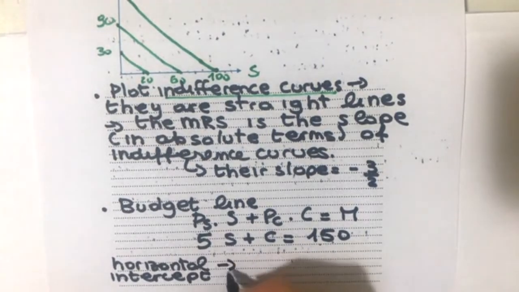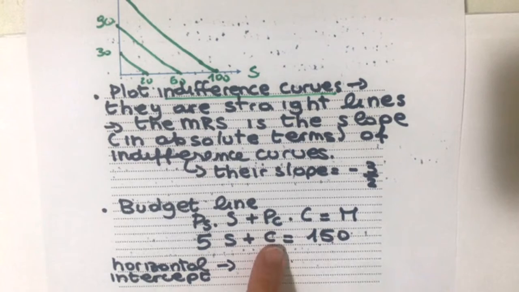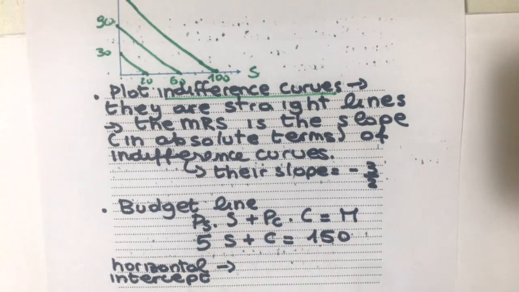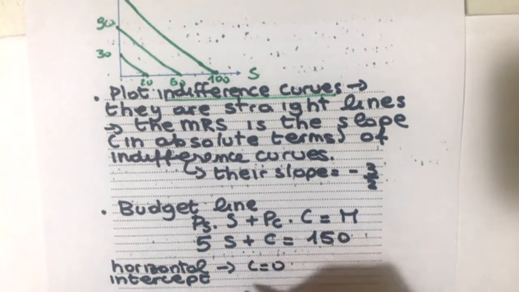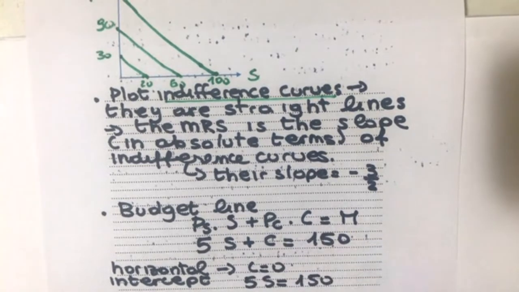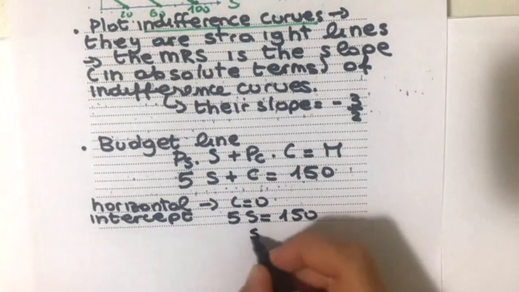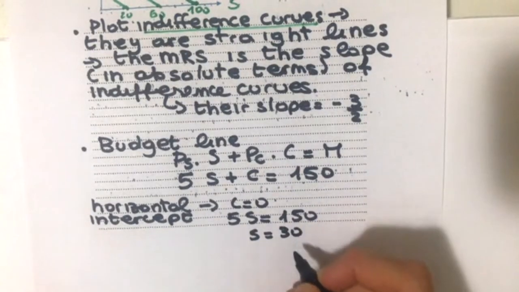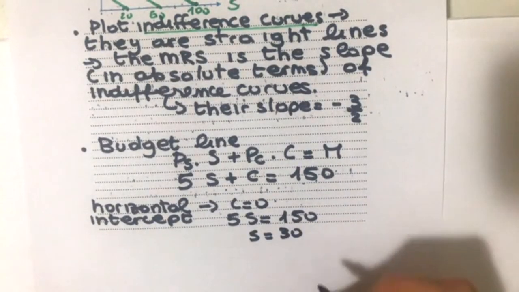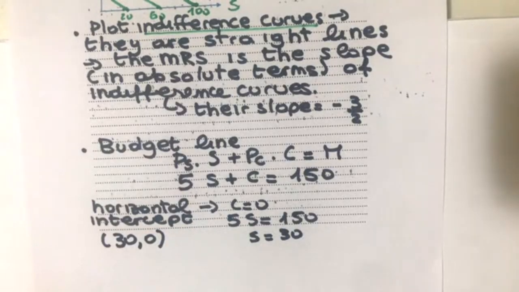And how do we find the horizontal intercept? It's easy. We just put in the budget line C equal to 0. And so we are left with 5S equal 150. So we have S equal to 30. So the horizontal intercept is 30, 0.